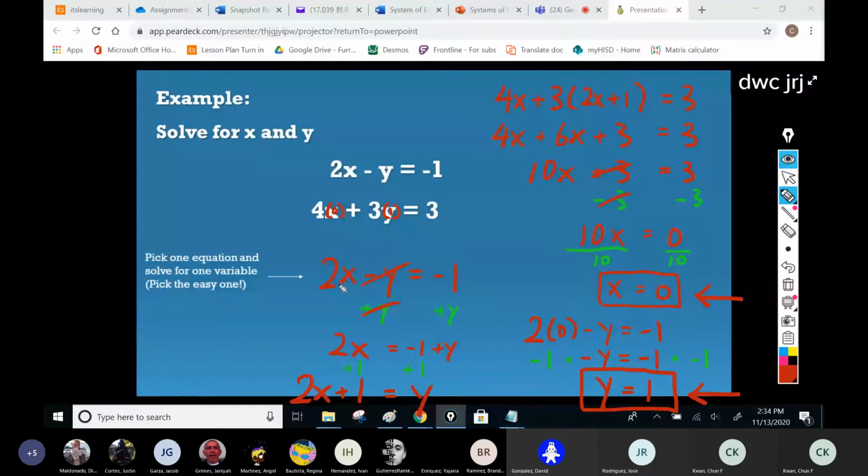So 4 times 0 is going to get you 0, plus 3 times 1 is going to get you 3. And then 0 plus 3 equals 3. So yep, it works. That means we got the correct answer. So one of them is x equals 0. The other one is y equals 1.